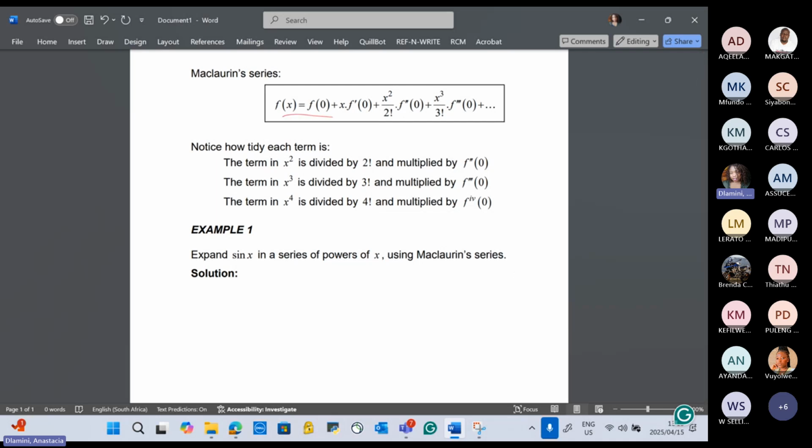This is the Maclaurin series, meaning that you see they don't even tell you where to end the expansion, or how many terms and whatsoever. You can do 3, you can do 4, you can do 5 if they don't tell you. In our study guide, they did 3, so let's just do 3 as well.